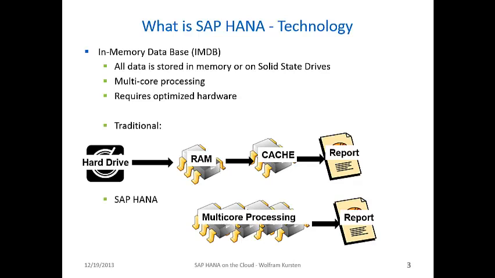With SAP HANA, the actual data is stored in actual memory, and when you start calling data for a particular report, the multi-core processors just pull that data immediately out of memory.